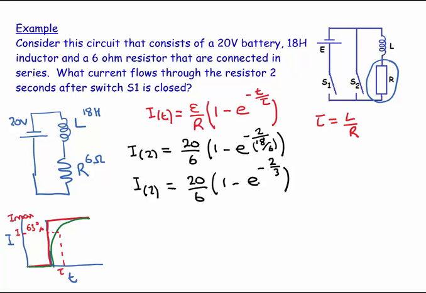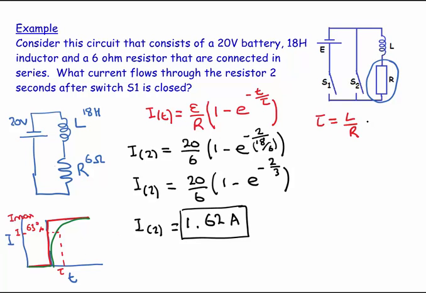Enter. Then I multiply that by 20, enter, and divide that by 6, enter. And what I get for this at 2 seconds is equal to 1.62 amps.